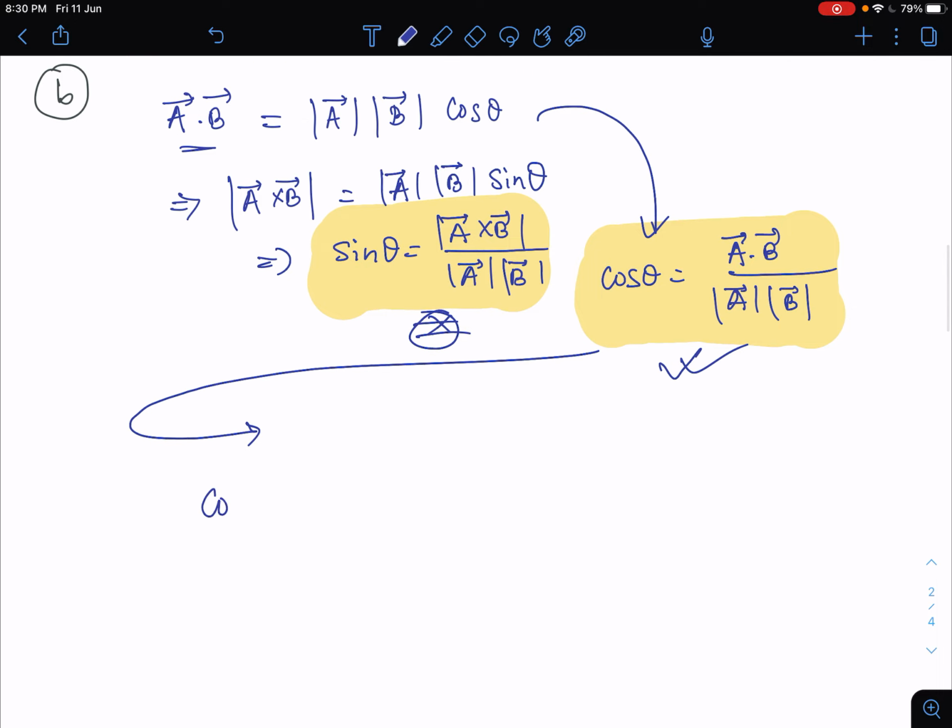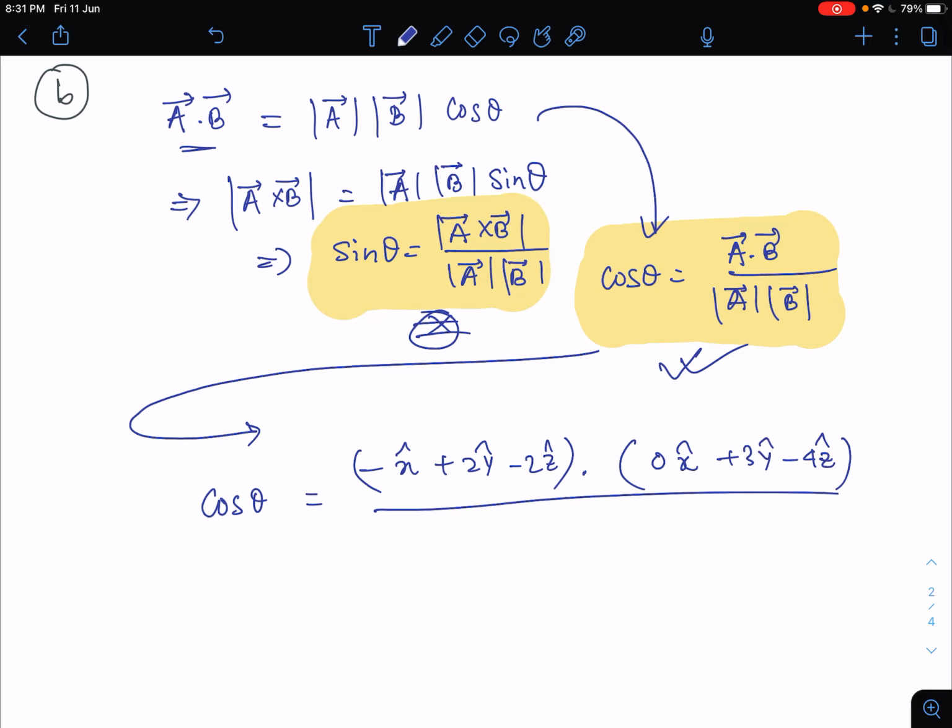So cos theta is A dot B by mod A mod B. If you take A dot B, then minus x plus 2y minus 2z dotted with 0x, since the x component is 0, plus 3y minus 4z.